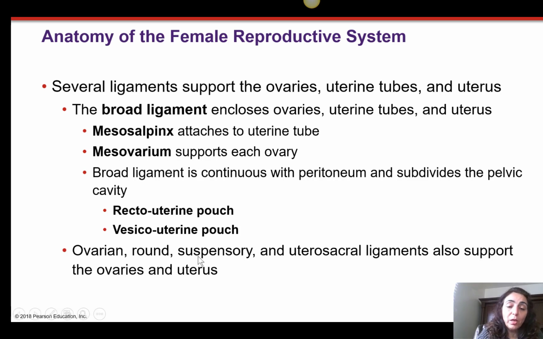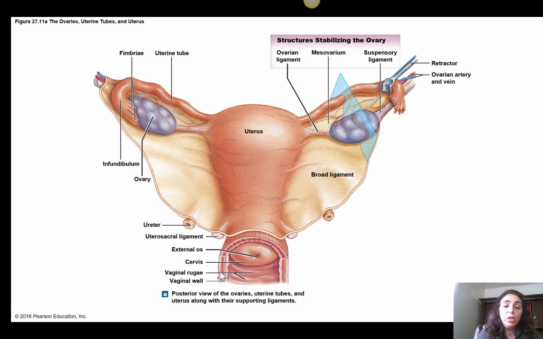Now, the ovarian ligament, round ligaments, suspensory ligament, and uterosacral ligaments also support the ovaries and uterus, and we're going to discuss them as we reach them. So here in this picture, you see the parts of the uterus and the connection of the uterine tube. This is the uterus here, then you see the connection of the uterine tube all the way here, then you see the ovary that is connected to the uterus on the medial side and also connected to the pelvic wall on the lateral side.